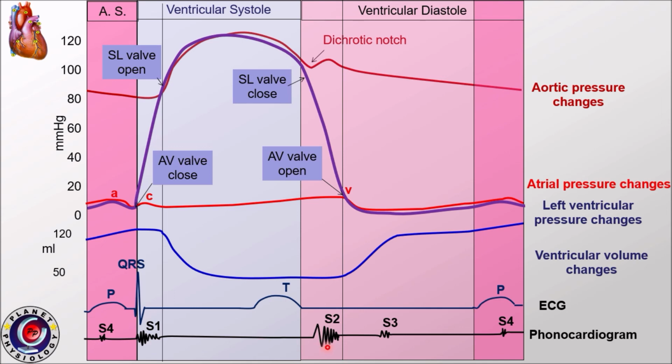Then during the isovolumetric relaxation phase there is the second heart sound, that is S2, and during the first rapid filling phase there is the third heart sound called S3, and again during the second rapid filling phase there is S4, which is the same as atrial systole, and this cycle will be repeated again and again.